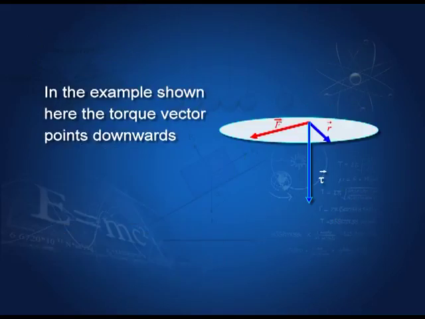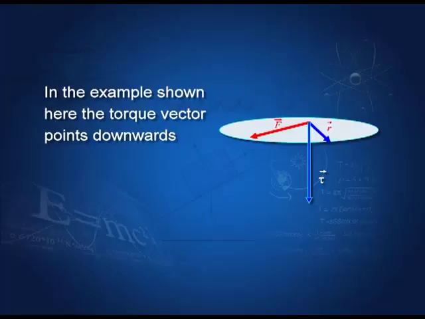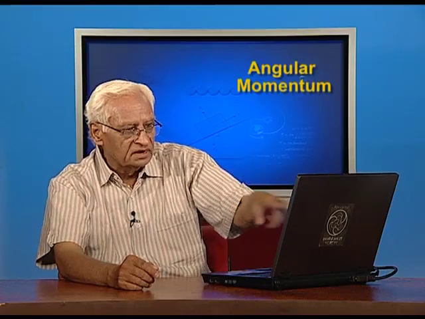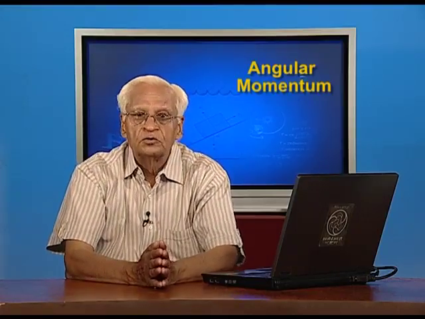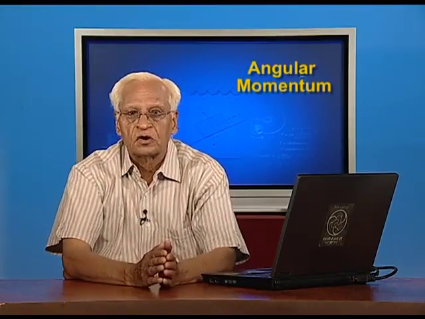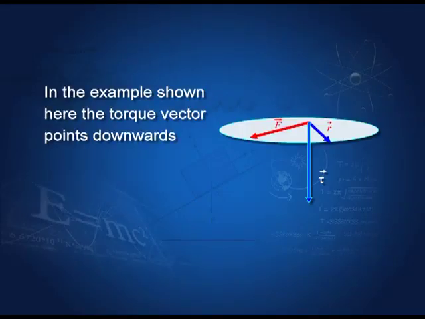If r and F are like this, then r crossed F, the screw goes down. So the torque vector is going down, perpendicular to the plane of r and F. Torque is always perpendicular to both r and F because it is a cross product, and therefore in this case, as shown, it points downwards.